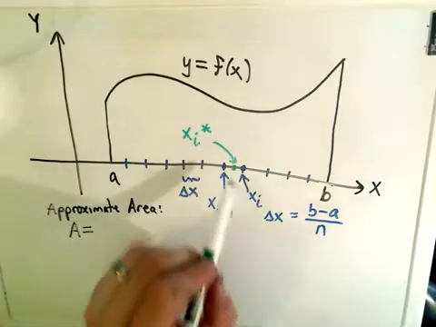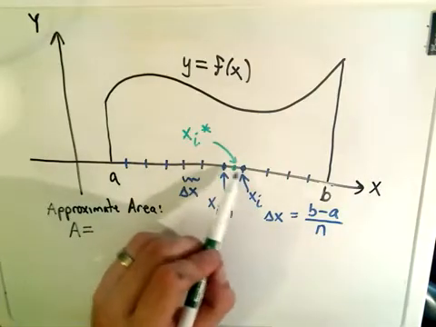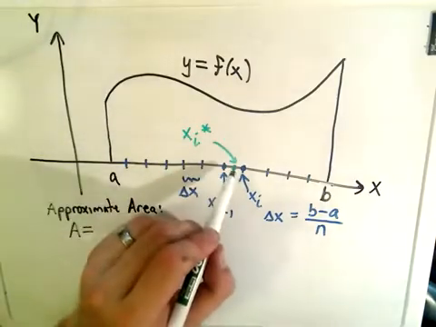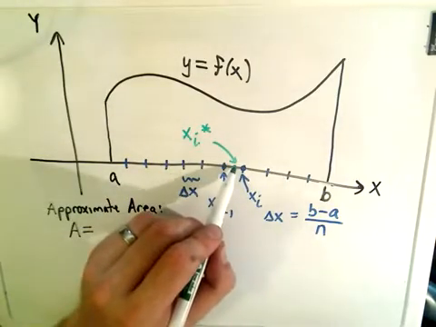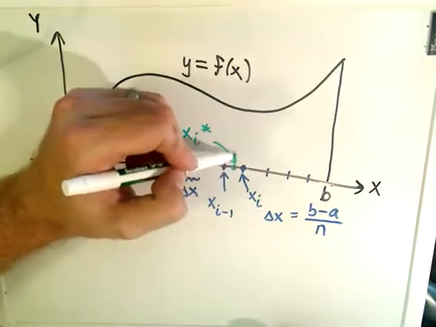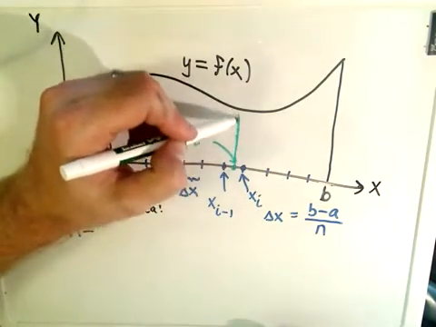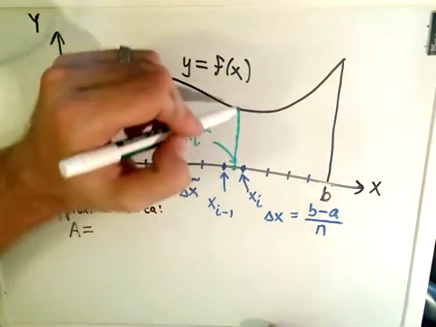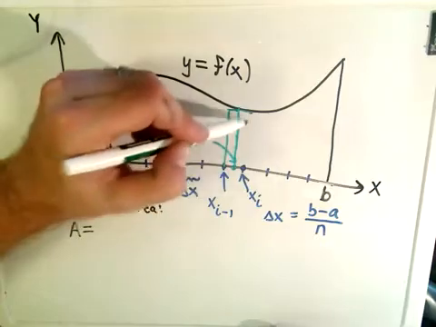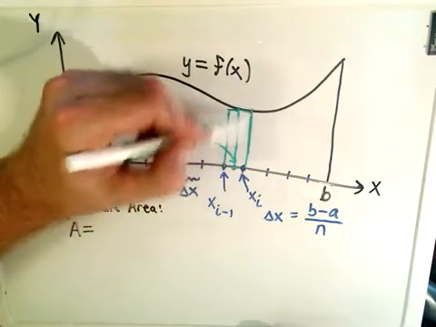For every interval, maybe I'll pick on this one, we make a rectangle. We take any point in that interval and extend it up until it hits our graph, and then extend that height over until it spans the interval.